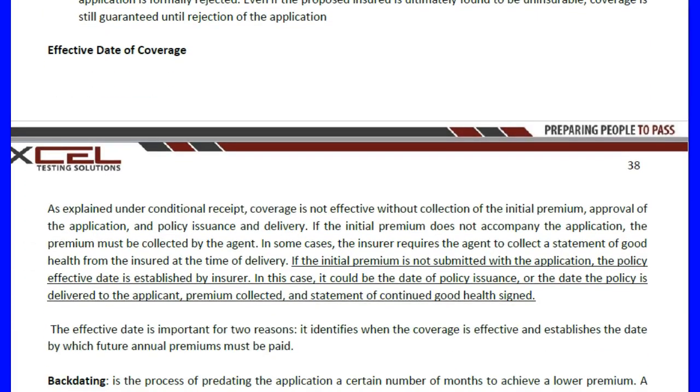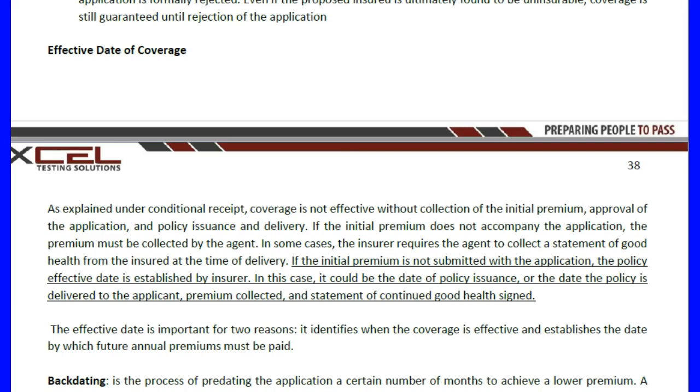Effective dates of coverage. As explained on the conditional receipt, coverage is not effective without collection of the initial premium, approval of the application, and policy issuance and delivery. If the initial premium does not accompany the application, the premium must be collected by the agent.